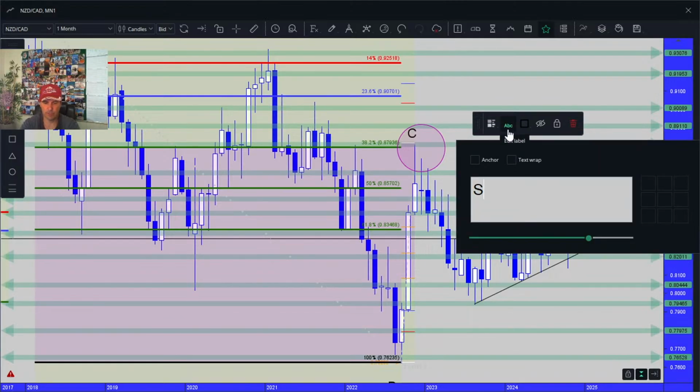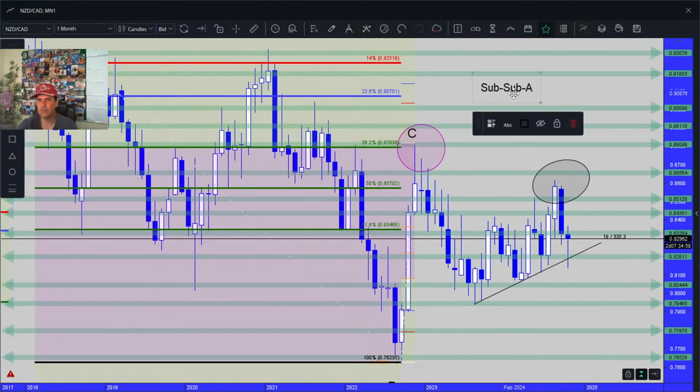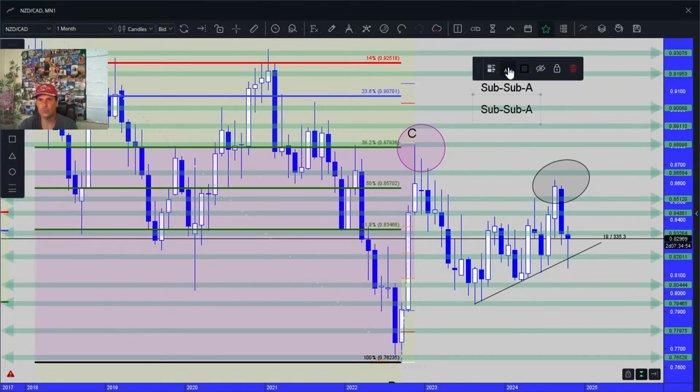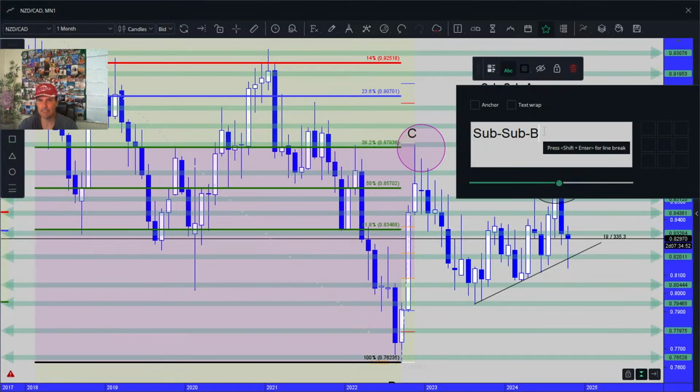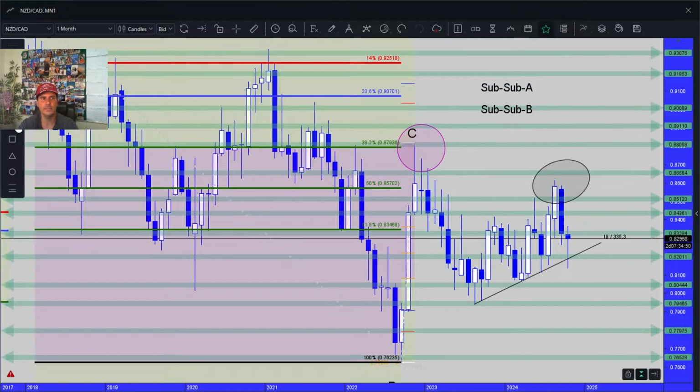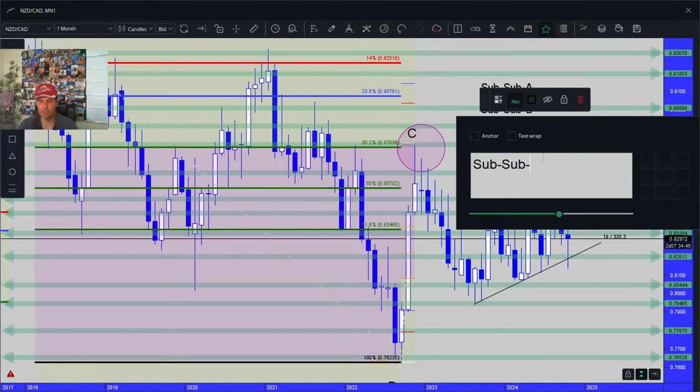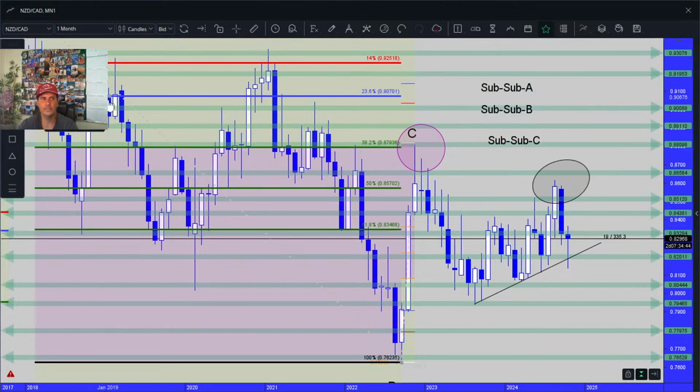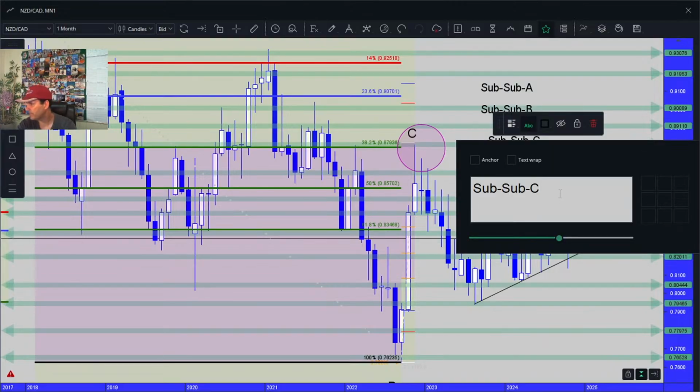So it's going to be sub A, make it a little bit smaller, sub A, text. We're going to have the sub, yes, this is the confirmation, sub B, text. This is the confirmation, sub C, text. This is the confirmation, sub D.